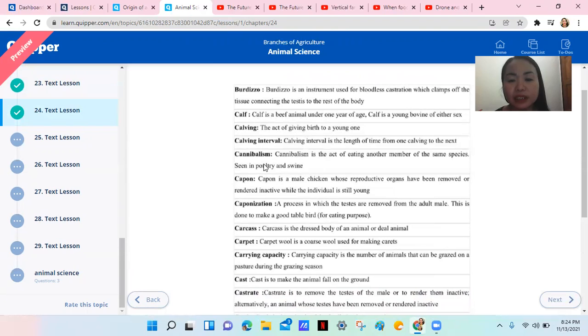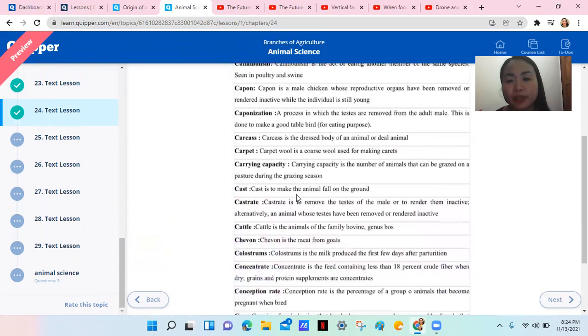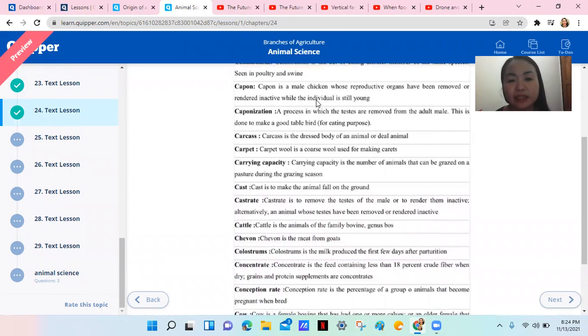Cannibalism is the act of eating another member of the same species. And capon is a male chicken whose reproductive organs have been removed or rendered inactive while the individual is still young. Caponization is a process in which the testes are removed from the adult male, and this is done to make a good table bird for eating purposes.